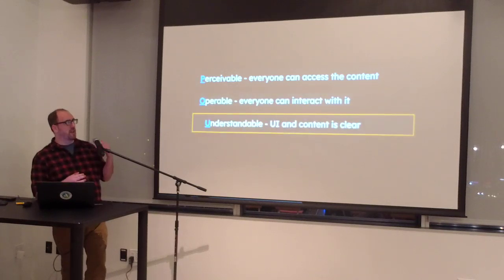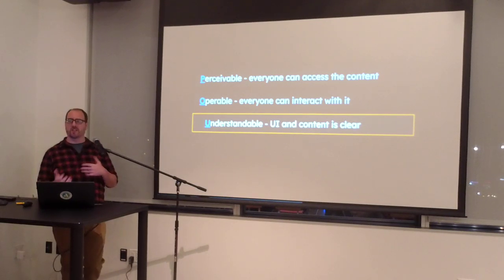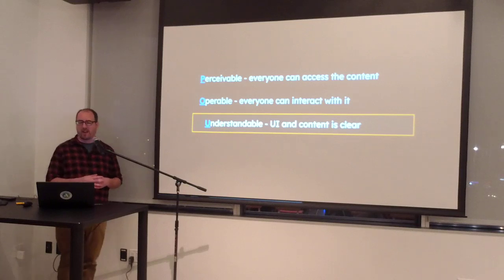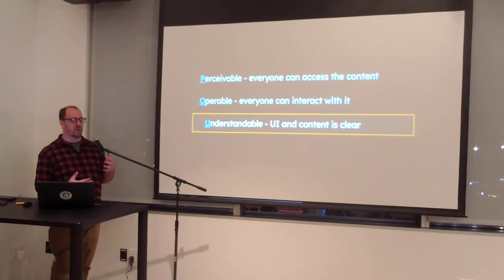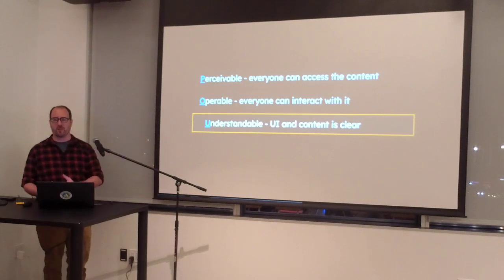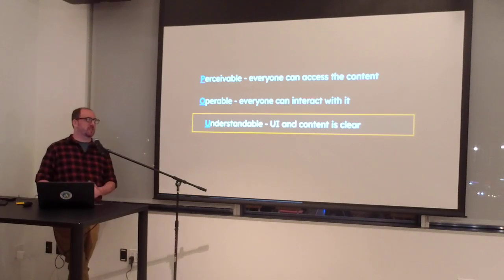Third, everything should be understandable. This ties in a little bit more on the design and content strategy side of things. We have to use or design things that are really obvious, that you can't use incorrectly. Just design them well, and also write text that is at a certain grade level. It's clear, it's obvious.